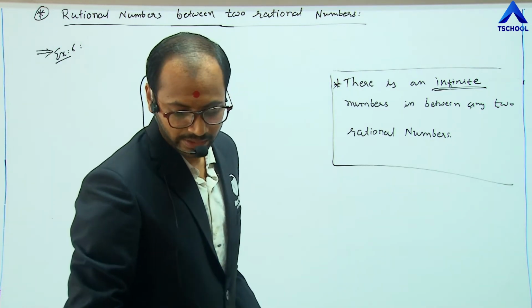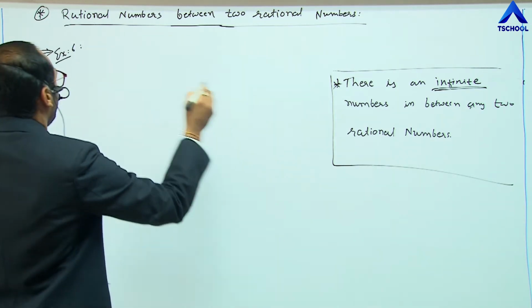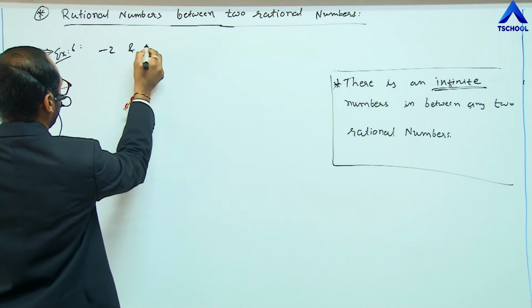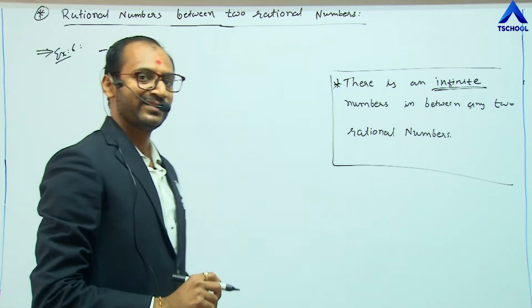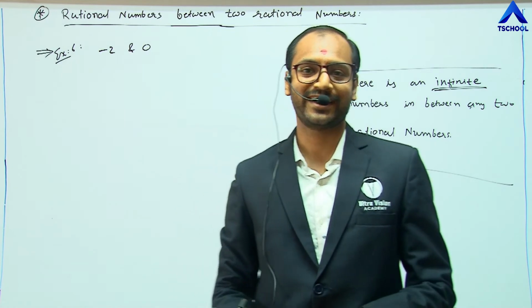How many rational numbers are there in between -2 and 0? Tell me, how many numbers are there?